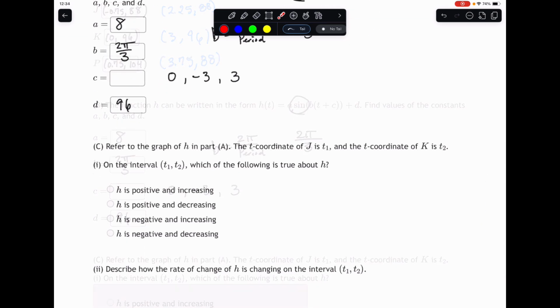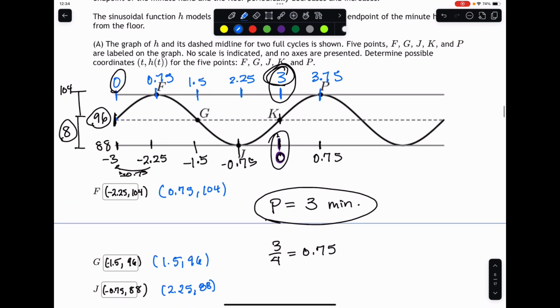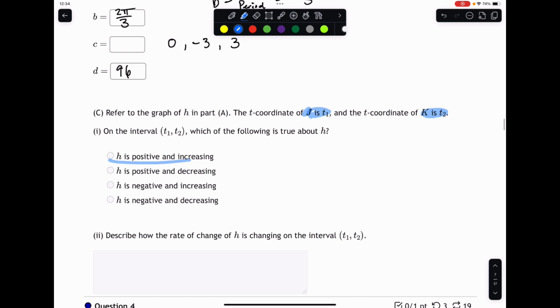Now for the first part of question C, we're going to look at the interval from T1 to T2, which is from J, the x value of T1, to K, the x coordinate of T2. So from J to K, here to here, our Y values are both positive and the graph is going upwards. So the first option is the correct answer.